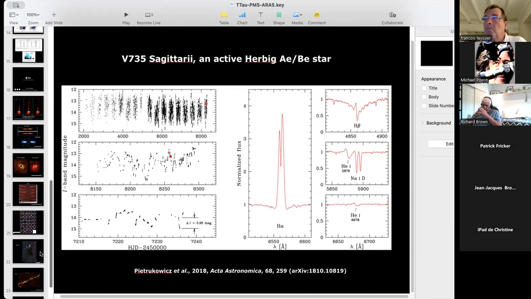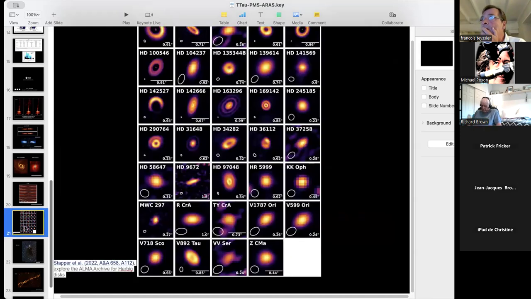Most of the interest in these systems comes from the disks, and much of that comes from the presence of structures in the disk that indicate interaction with a massive body embedded in the disk. So resonances and gaps and small vortex-like structures that show up in many of these disks. In fact, there's the gallery.